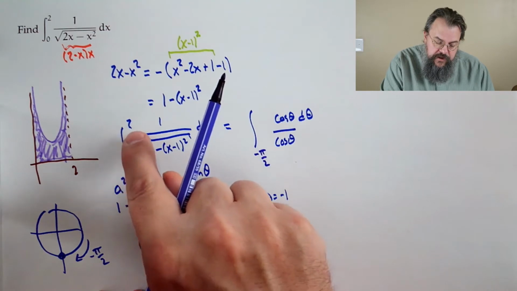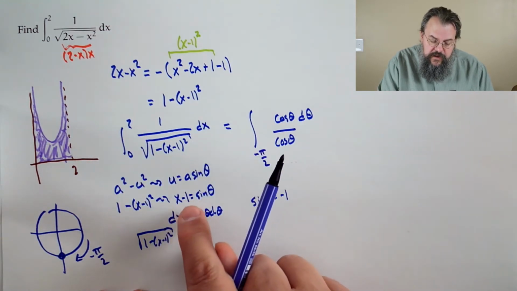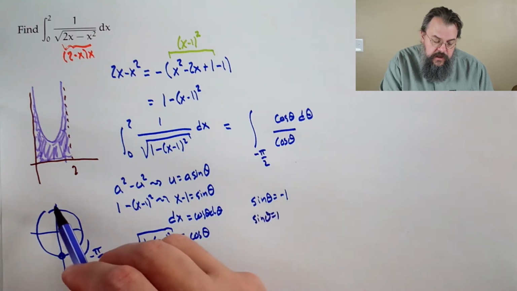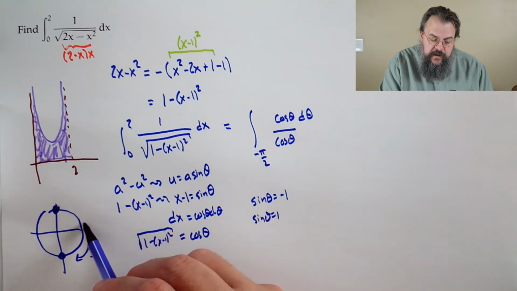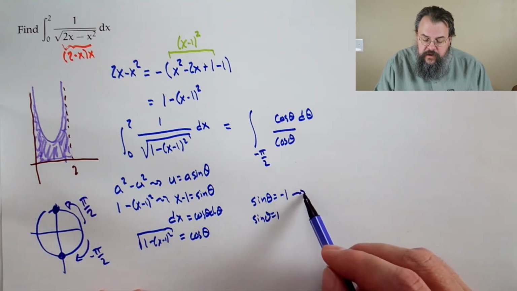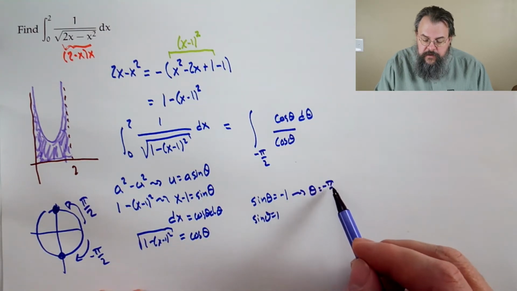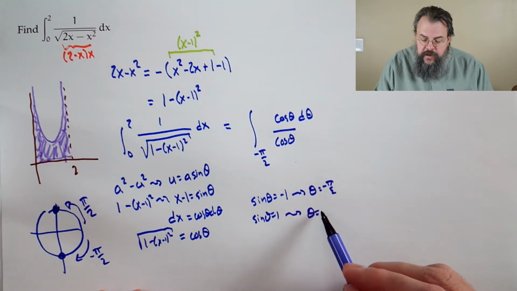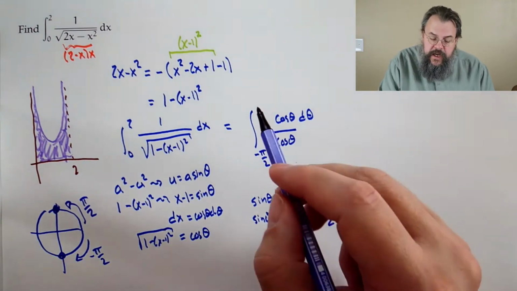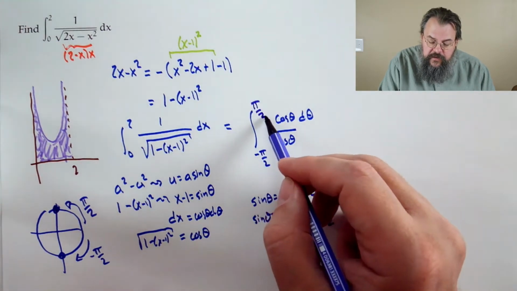Plug in our upper bound 2: 2 minus 1 equals sine theta, so sine theta equals 1. That corresponds to the point there, positive pi halves. Wonderful. So our bounds are from negative pi halves to positive pi halves.